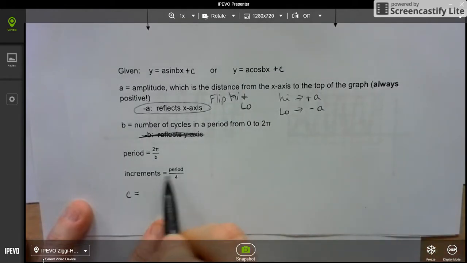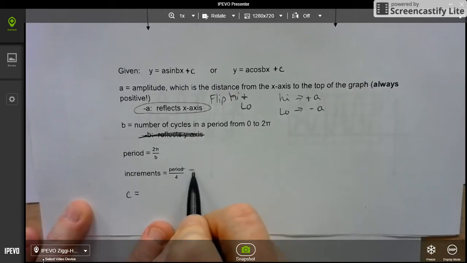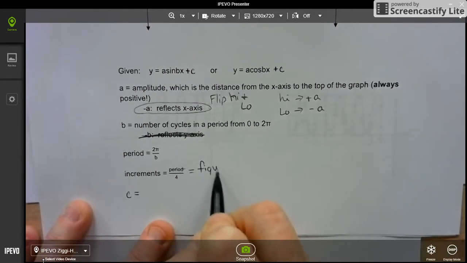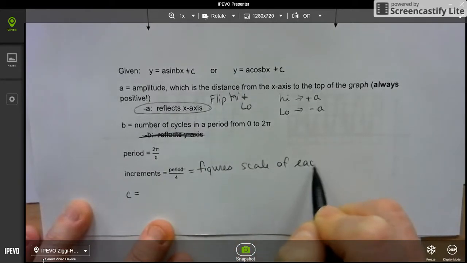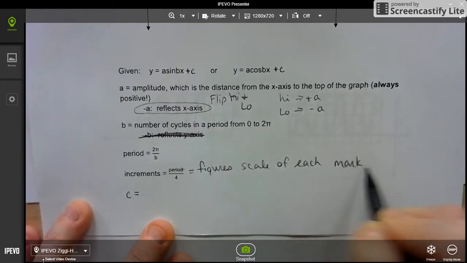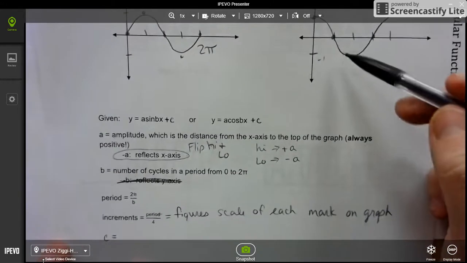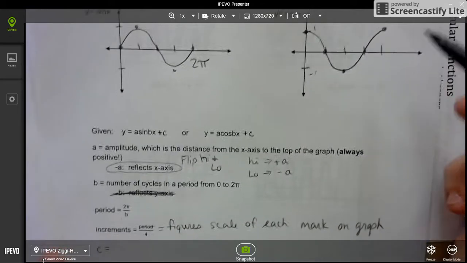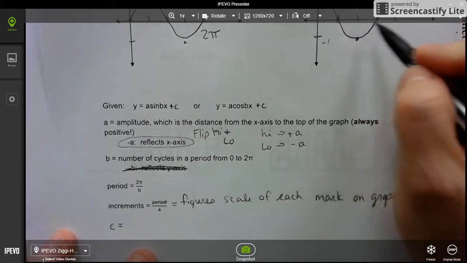Then if we reverse this, we're not going to worry about the increments either, other than this will help you figure out the scale of each mark on the graph. So on the graphs up here, when I'm marking these out, my 4 lines, when you take the period divided by 4, will tell you what each one of these are.